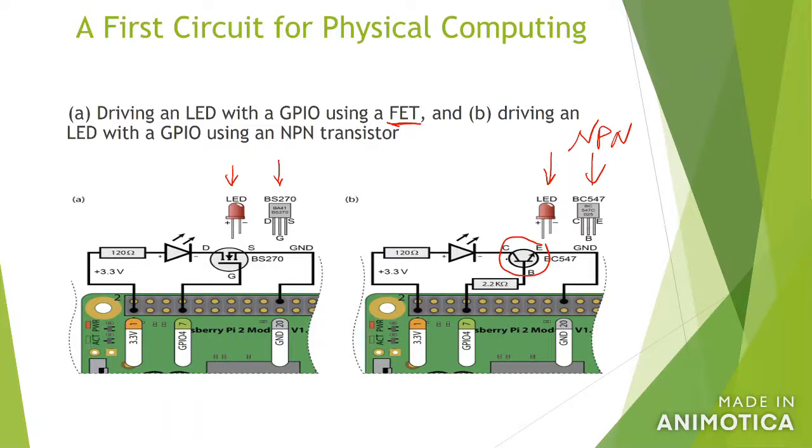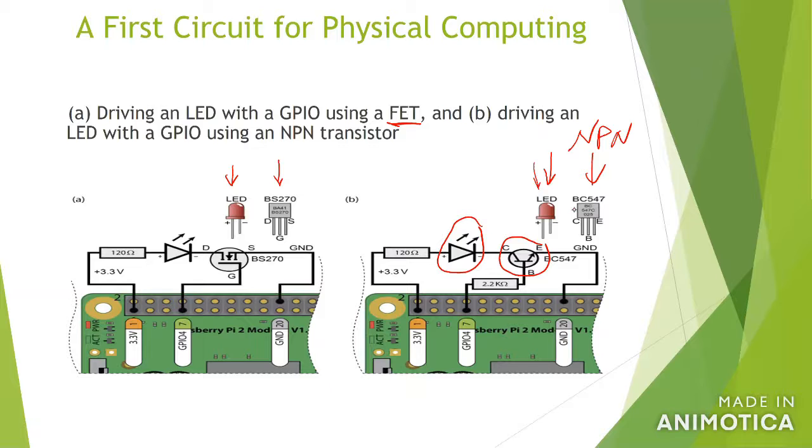You can see it has 3 legs: C, E, and B. B is connected through a 2.2 kilo ohm resistor to GPIO 7, and we know this is an output pin. This output pin can output a signal to drive the LED. So this is an LED. You see here, this is the LED.